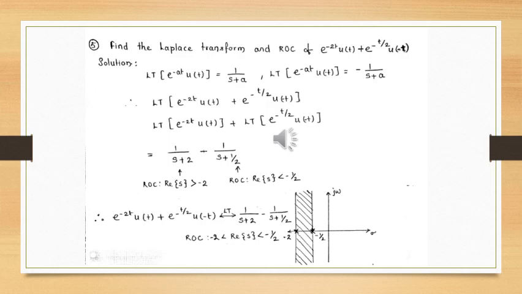So from the pole minus 1 by 2, the ROC is left-sided. Now, the common region of these two signals should be considered as the ROC of both the signals together. The common region is varying from minus 2 to minus 1 by 2. So, the ROC of the complete signal is minus 2 less than real of s less than minus 1 by 2.